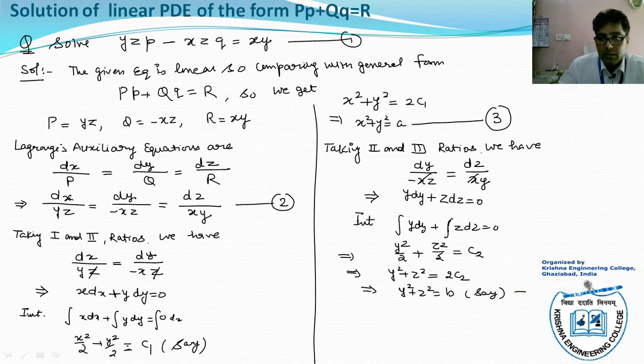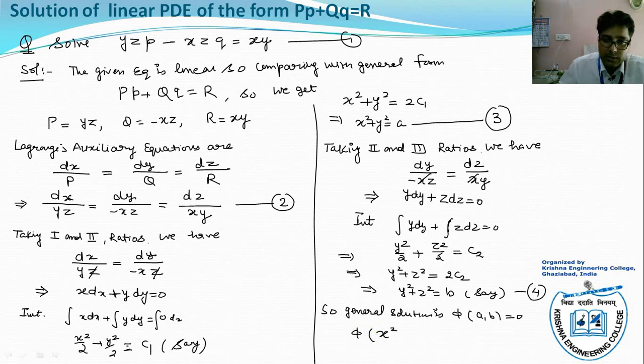So we get two independent solutions, 3 and 4. So the general solution is phi(a, b) is equal to 0. Phi, the value of a is x square plus y square, comma y square plus z square is equal to 0.